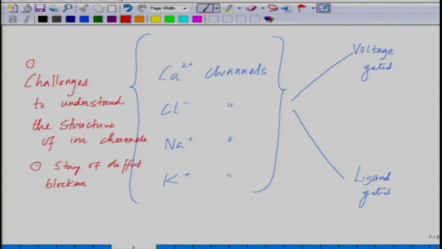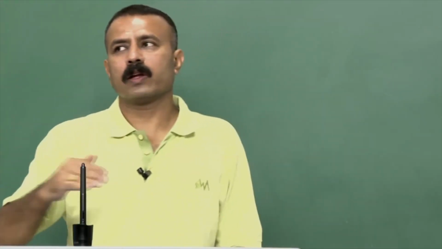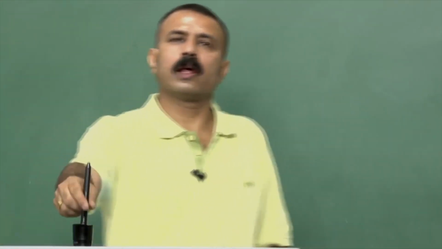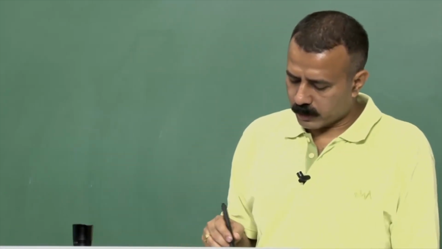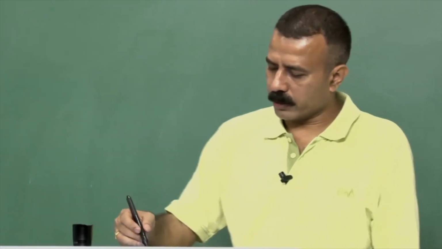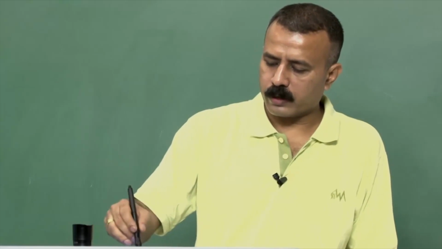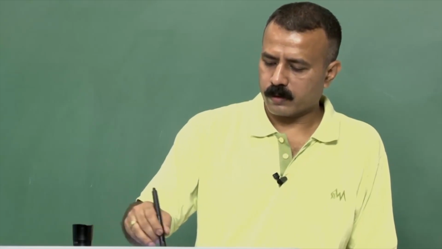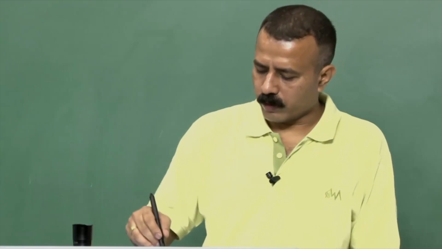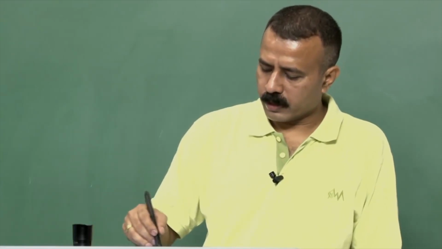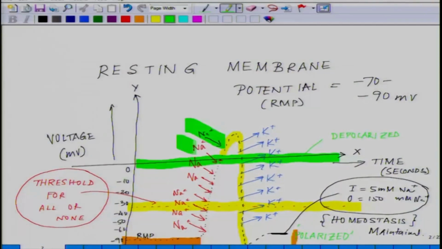Say for example, if I talk about a flux of sodium inside the cell, while I was drawing it, if you look at the slide, here I am showing you that there is a flux of sodium which is taking place. Okay. How do I prove that there is indeed a flux of sodium?